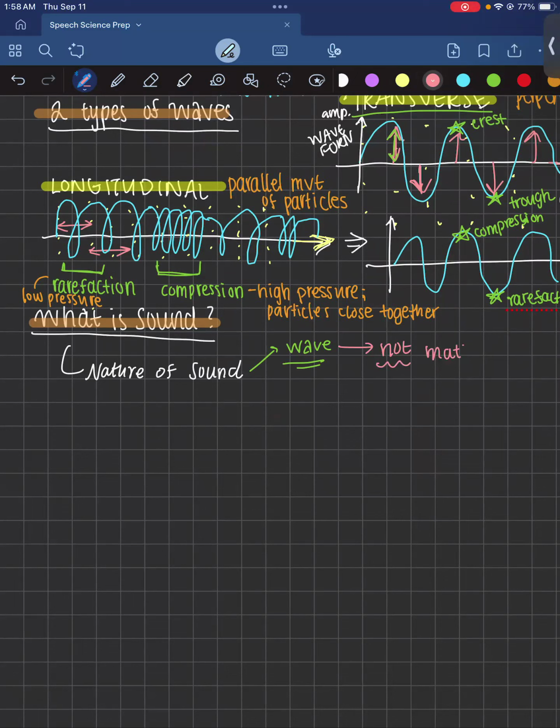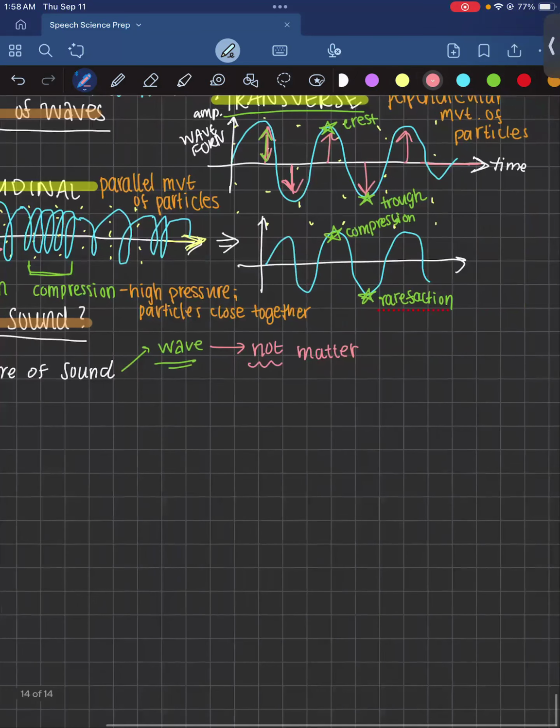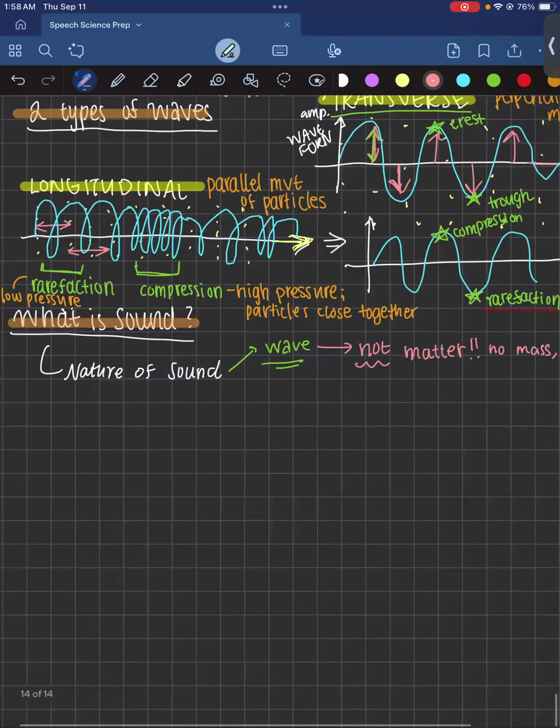So remember, sound will not have a mass, it will not have density or volume or any of the things that you would associate. So I'm going to just say no mass, and then you can fill it in with density, volume, etc. It doesn't have any qualities of matter. Actually, it's more like energy.